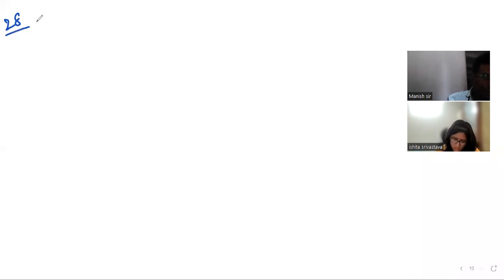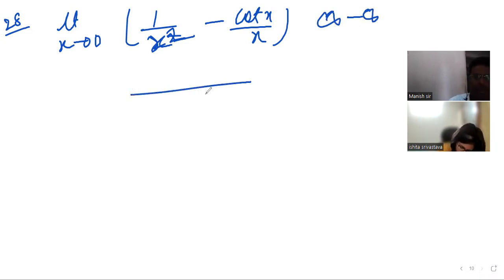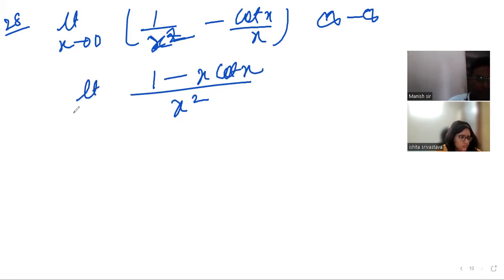So let's see question 28. It is limit x tends to 0 of 1 upon x square minus cot of x upon x. So it is nothing but infinity minus infinity form. I will take the LCM, then it will become x square, and here it will be 1 minus x cot of x.